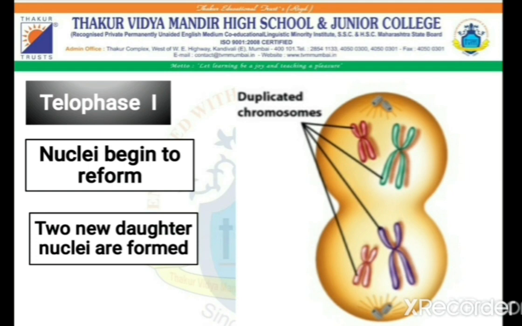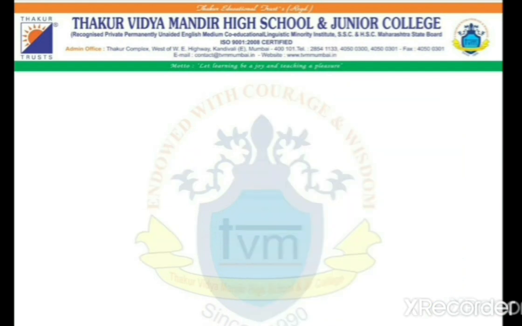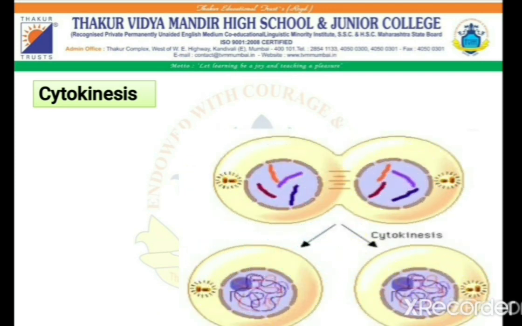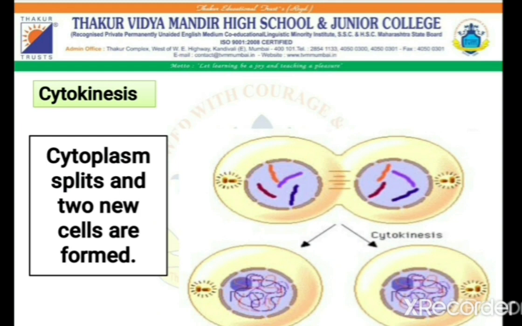Till telophase 1, the nucleus has got divided. Now it's the turn for the cytoplasm to get divided. That is carried out in the next stage called cytokinesis. In cytokinesis, the cytoplasm splits and two new cells are formed separately. So here the cytokinesis stage is completed and your meiosis first stage is completed.